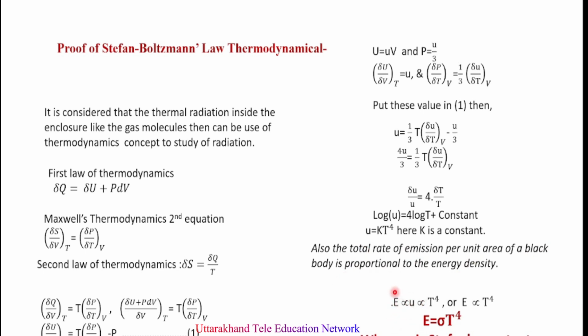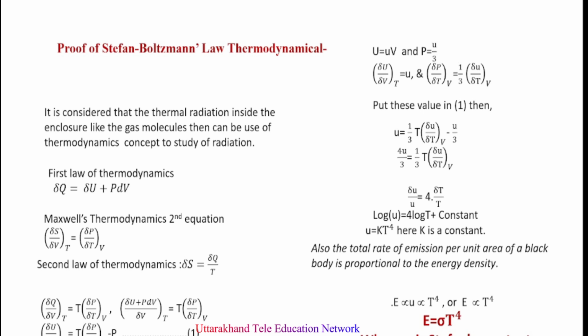E is the emission rate per unit time per unit area, and u is the energy density. So u is proportional to T to the power 4, which means E is directly proportional to T to the power 4. Again removing the proportional sign and taking a constant sigma, E is equal to sigma T to the power 4. This is Stefan Boltzmann's law, and sigma is the Stefan constant.